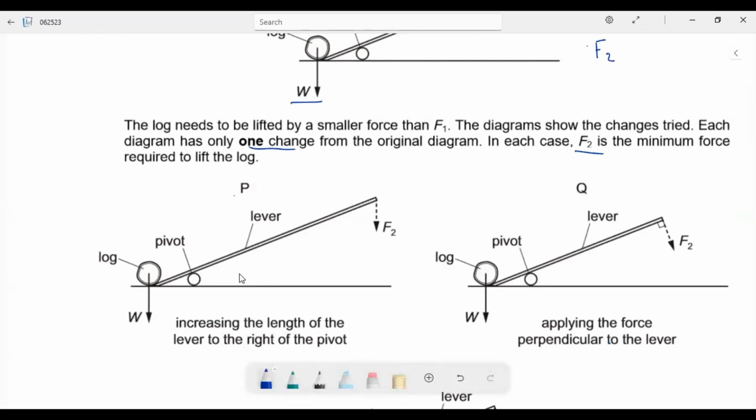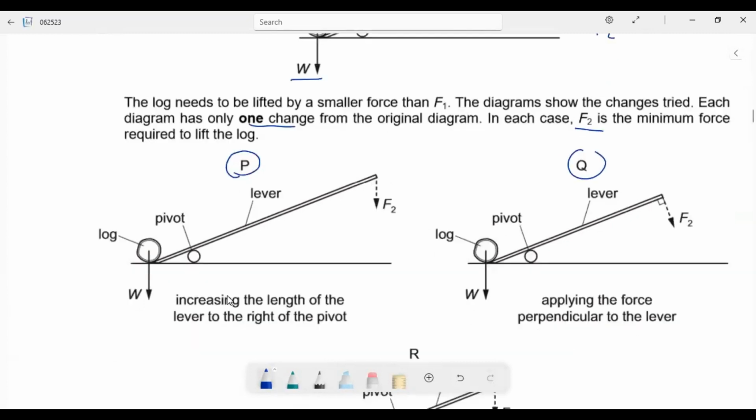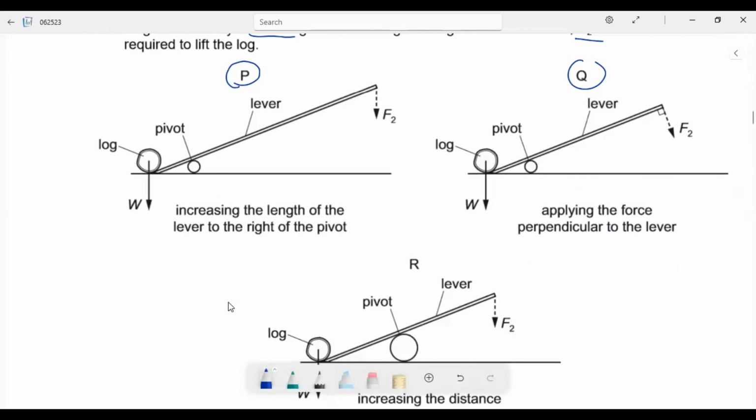So we'll check the first one, P. 3 cases are given, P, Q and R. In the case of P, the length has been increased. We know the moment is equal to force into perpendicular distance. So as distance increases, we require less force.